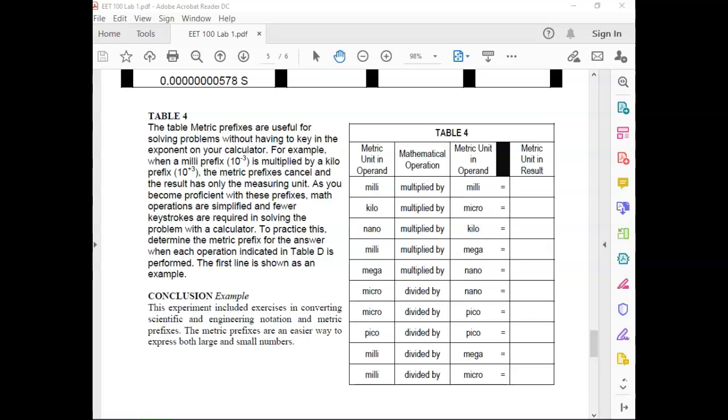So what about milli divided by micro? First of all, what is milli? -3. What is micro? -6. So negative 3 minus negative 6, what do I end up getting?